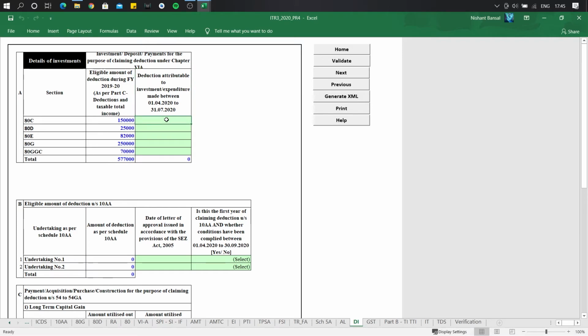Since we want to claim the deduction in this year only, we'll enter the amount.